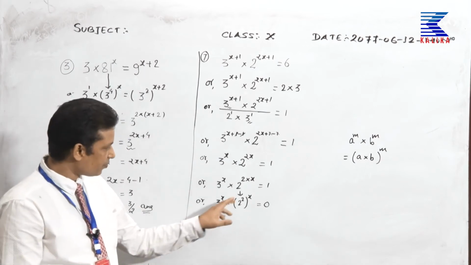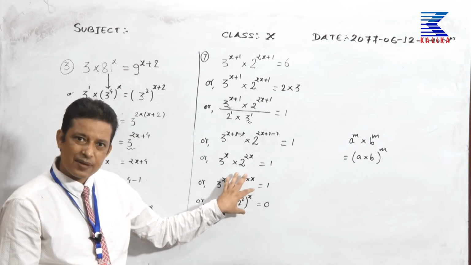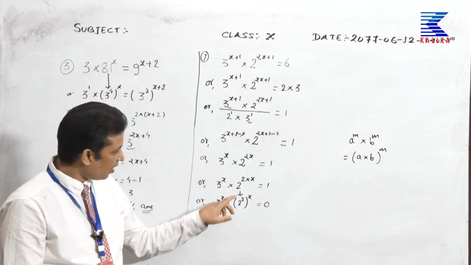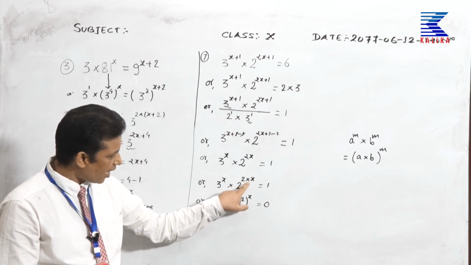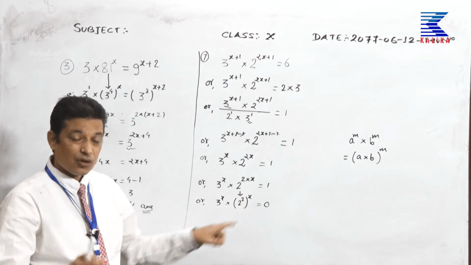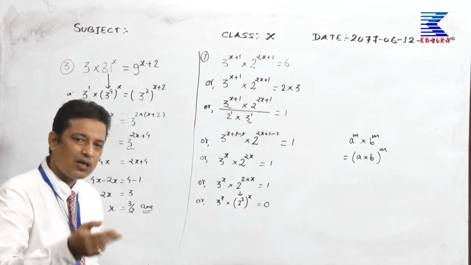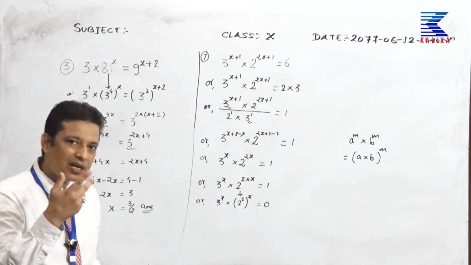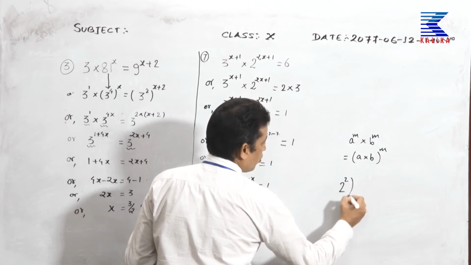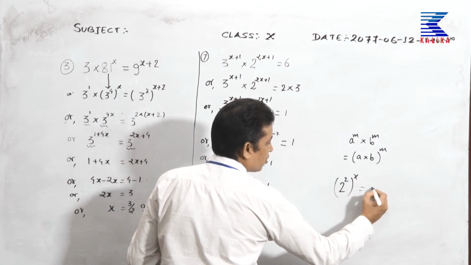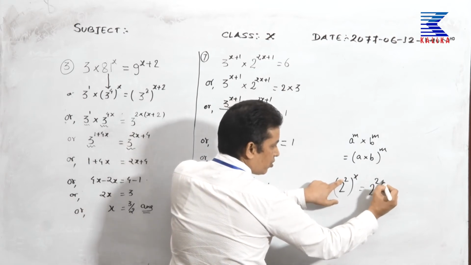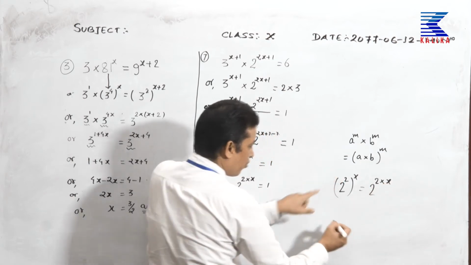Do you think these two terms are the same or not? Do they mean the same? Yes, 2 to the power 2 times x is here, 2 to the power 2 times x is here. When we raise a power to a power, both the powers are multiplied. So, if you get 2 to the power 2 whole to the power x, what do you do? 2 to the power 2 times x.